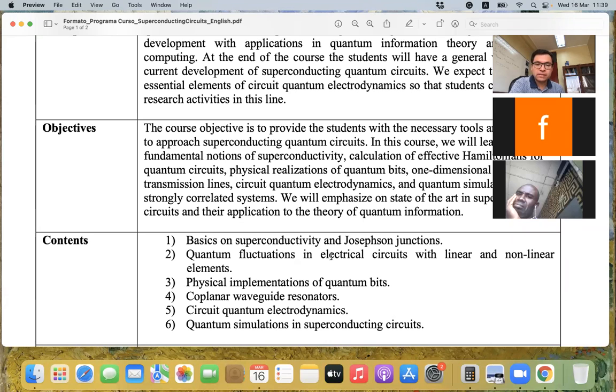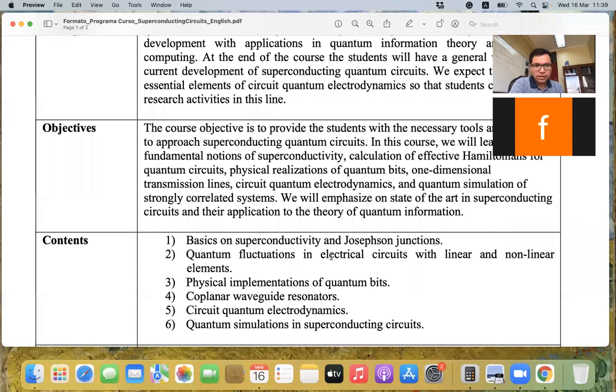Okay, this is the range. Keep in mind those numbers are very important. Keep in mind those values for the temperature, millikelvin typically.